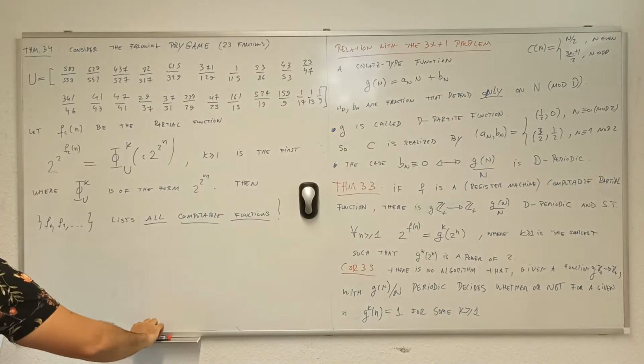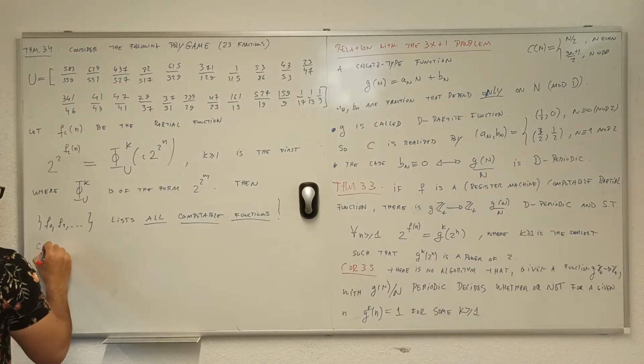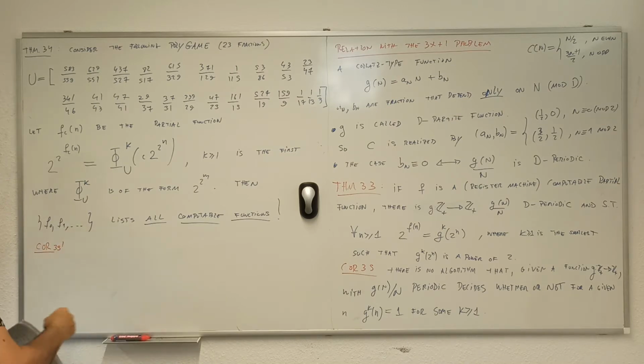In addition to that, corollary 35 prime is the following.